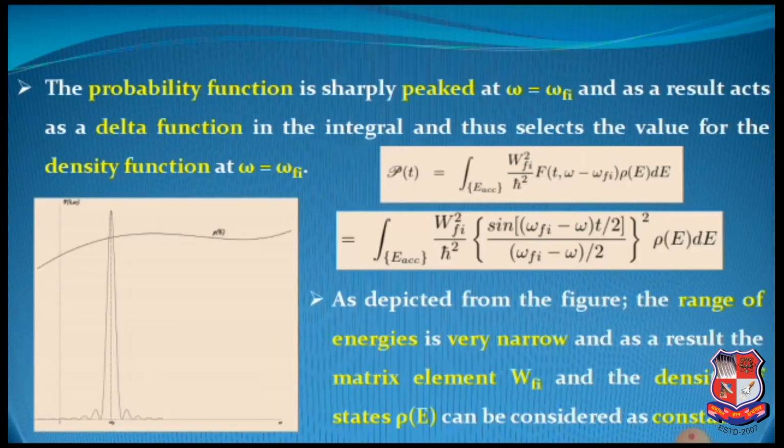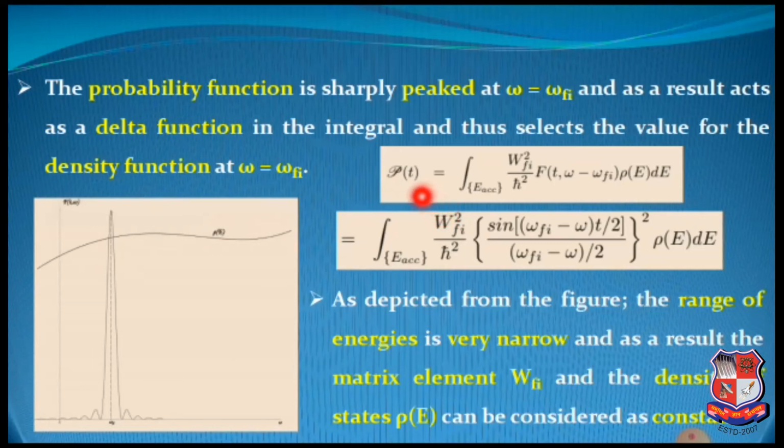The probability function is sharply peaked at omega equal to omega fi, and as a result acts as a delta function in the integral, and thus selects the value of the density function at omega equal to omega fi. You can see the peak of the probability function with respect to various frequencies, and this is the density of states function.